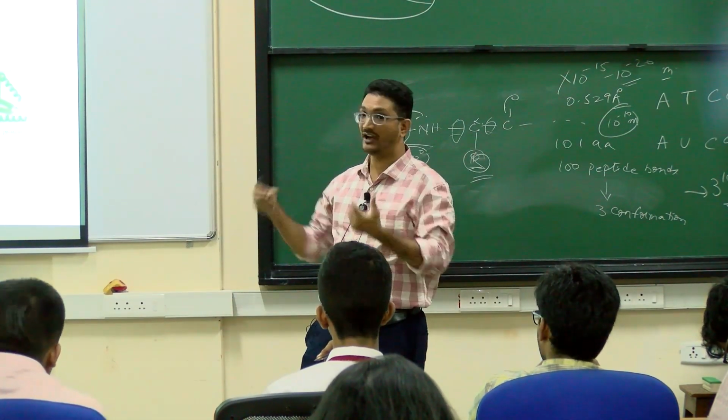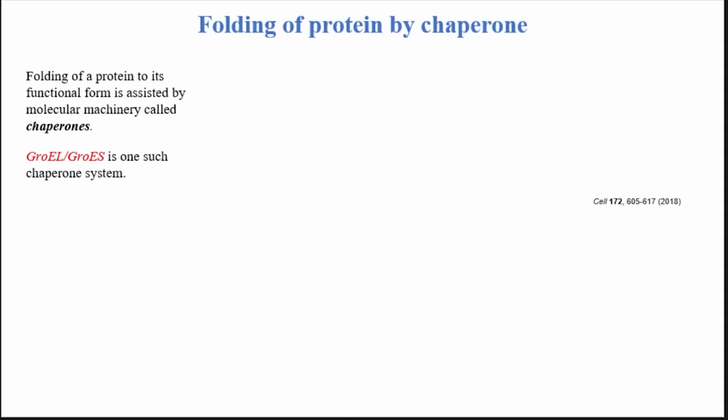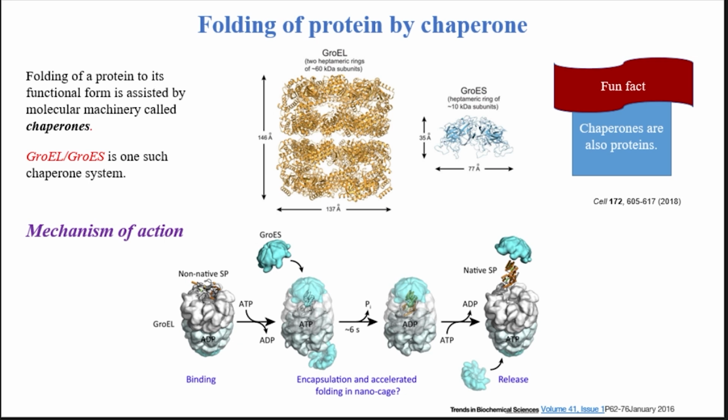In order to prevent the interaction of one protein with another protein molecule, for a few cases, there are these proteins called chaperones. They are like some kind of boxes.